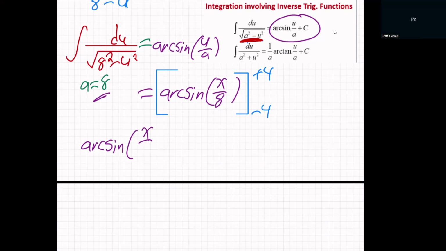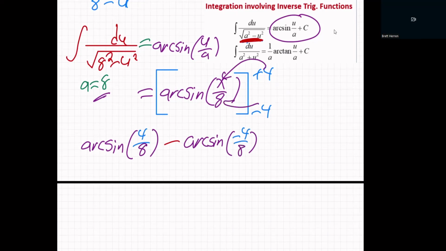Sorry, getting a little confused. We're going to plug right in there. So it's going to be arc sine of 4 over 8 minus arc sine of -4 over 8. So you plug in the top bound minus plug in the bottom bound.